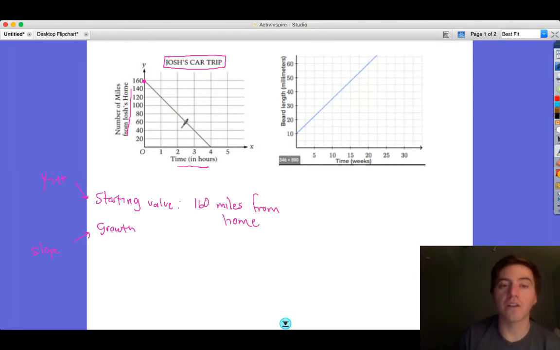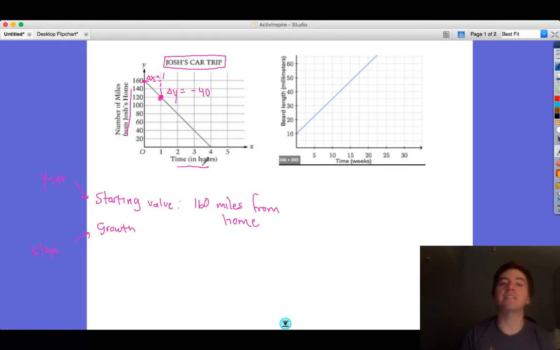Okay, now we're looking at the growth. We need to find another point. How about right here? That's a nice little point that touches exactly. So let's go this way and this way. My change in y went from 160 to 120, a loss of 40. And my change in x is 1.